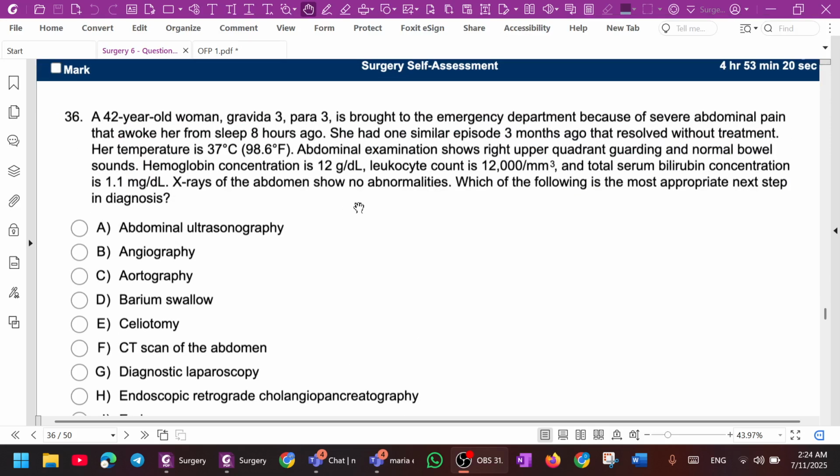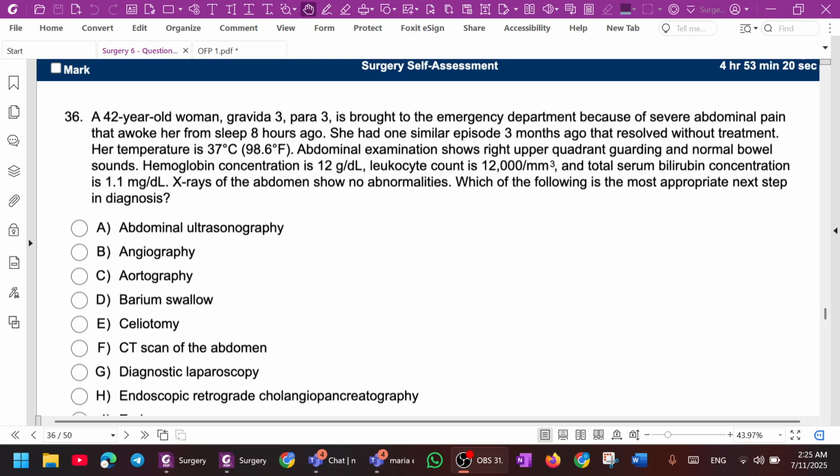Okay, ready. Yes. A 42-year-old woman, gravida 3 para 3, is brought to the emergency department because of severe abdominal pain that awoke her from sleep 8 hours ago. She had one similar episode 3 months ago that resolved without treatment.